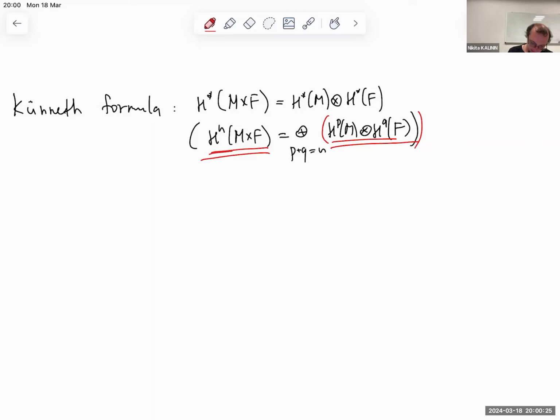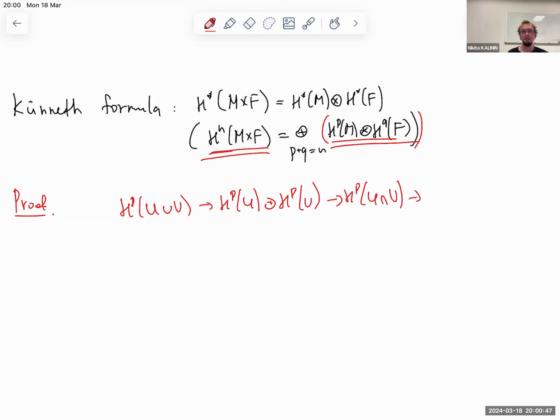If you have the Mayer-Vietoris sequence for M, so you have H^p of U union V, H^p of U plus H^p of V, H^p of U intersect V, and then H^(p+1) of U union V. Then you claim that the cohomology of these things multiplied by F is the same as multiplying the cohomology by the cohomology of F. Maybe it's not good to multiply by the whole ring, so you multiply by just one of them. You take n minus p, so H^(n-p) of F.